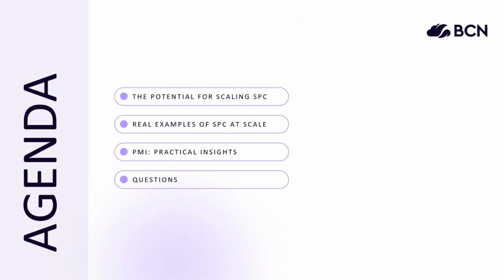Oliver's then going to give a couple of real examples about how organizations are actually using that successfully today. And then Lauren's going to present a bit about how PMI are actually using control charts, and some really interesting insight into what it takes operationally to make that work day to day. And we've got time for questions, and I think importantly, we want to have a bit of a discussion with you about some of the challenges you're facing and how we might be able to help. So hopefully that sounds all right, and broadly what you were expecting.